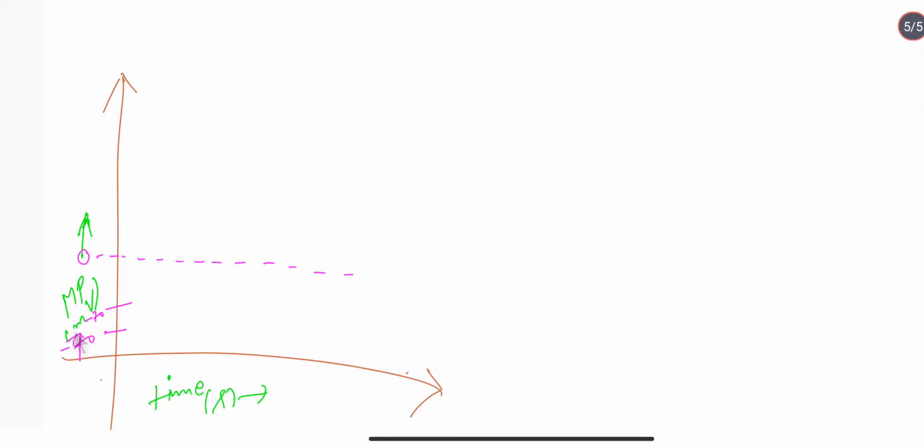This is minus 90, and this is plus 30 here. So our membrane potential was minus 70 initially here. Then what did we do? We stimulated it and it went to plus 30. So this line is nothing but depolarization, representing depolarization.